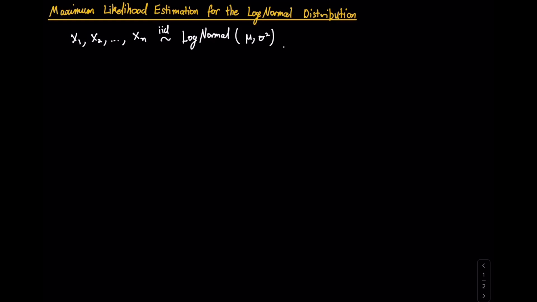Then we can write that the PDF, or the probability density function of xi, is given by the following.